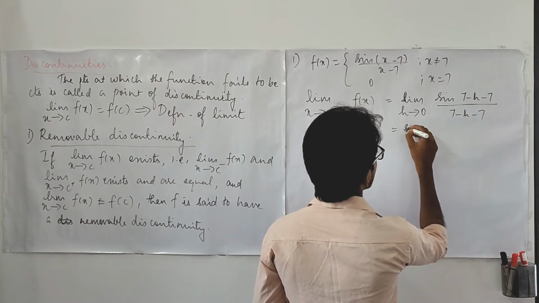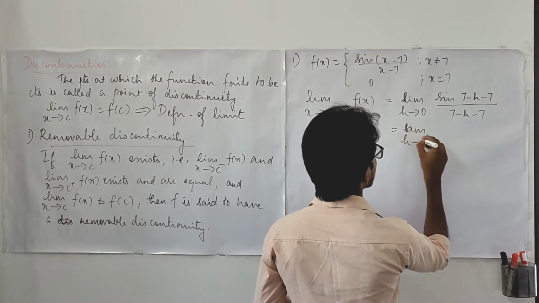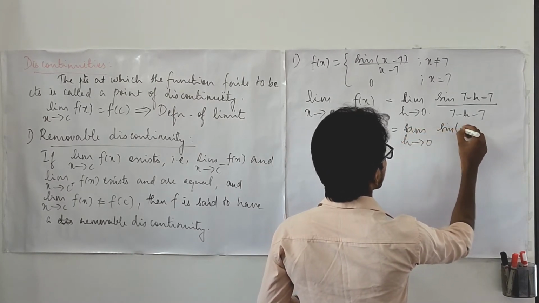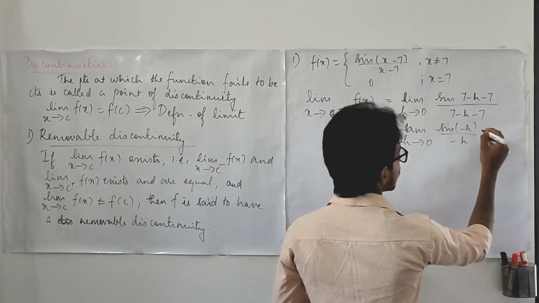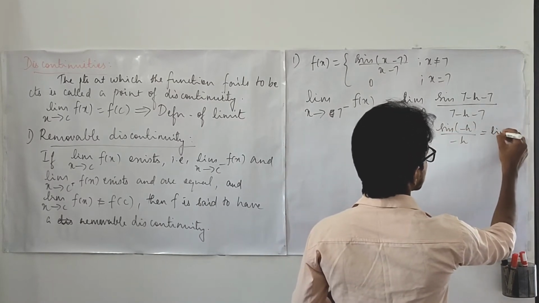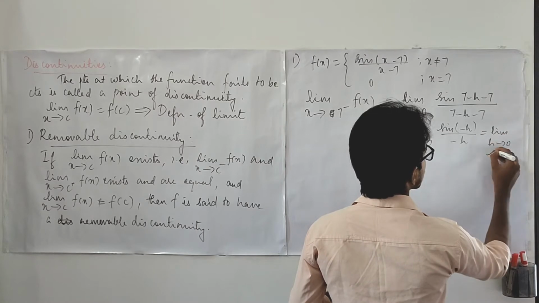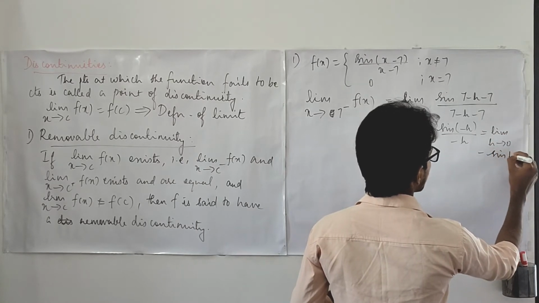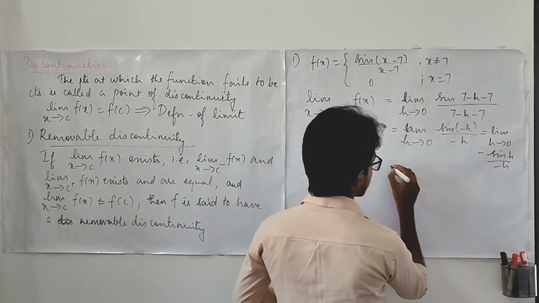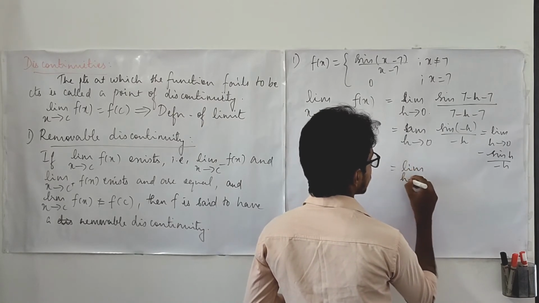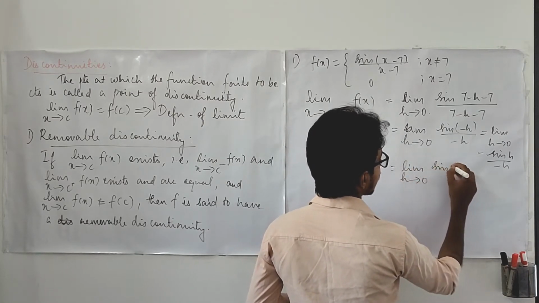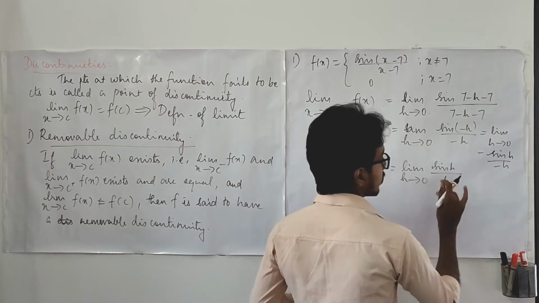So it is going to be the limit as h approaches 0 of sin of minus h upon minus h. This quantity is nothing but minus sin h upon minus h, the minuses cancel, hence sin h upon h.